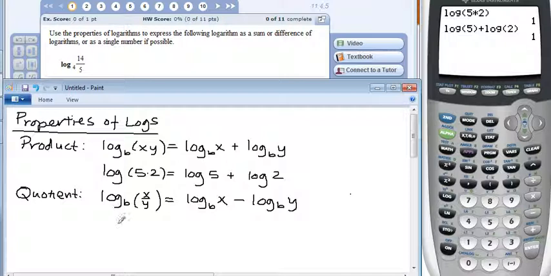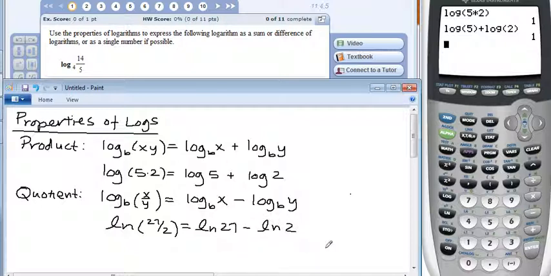So let's take an example. Let's do the ln this time because we can. So we're going to take the natural log of 27 halves. I'm just making something up. It should be the same as the natural log of 27 minus the natural log of 2.